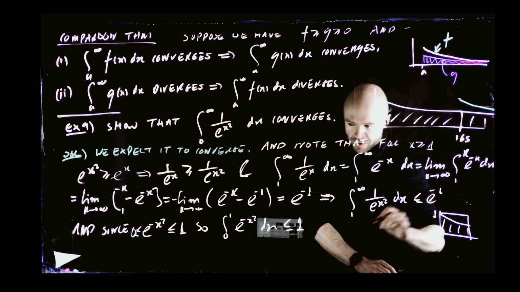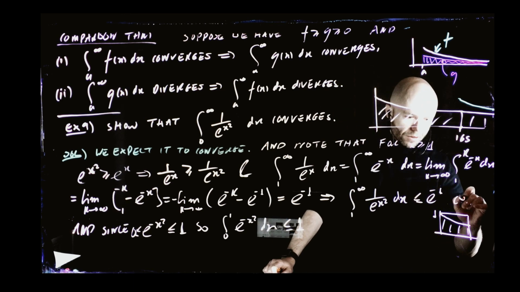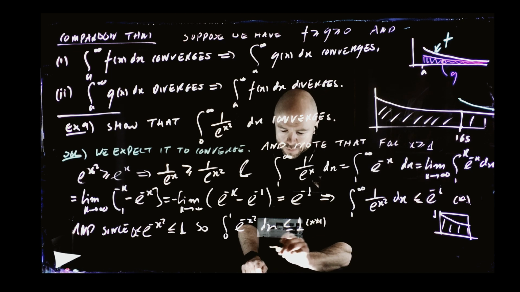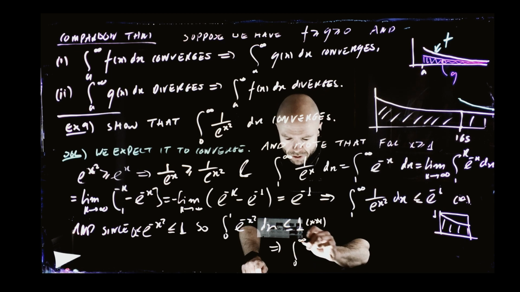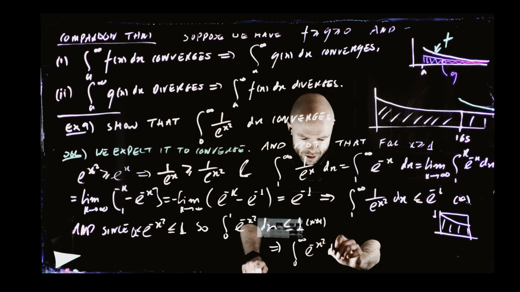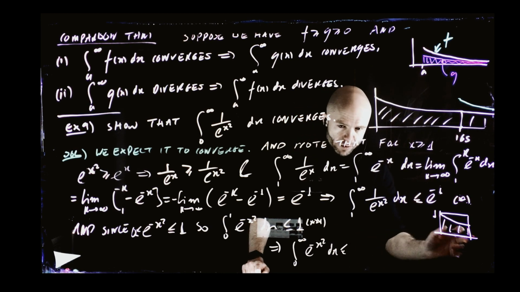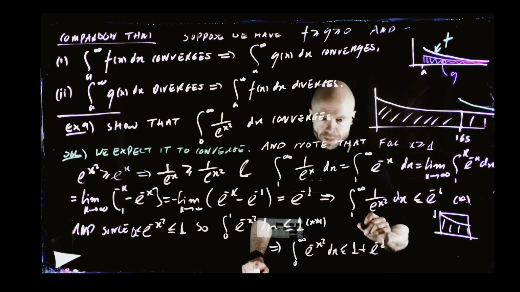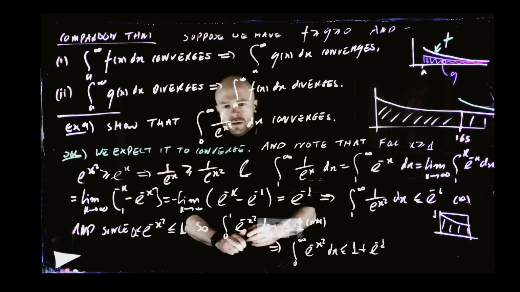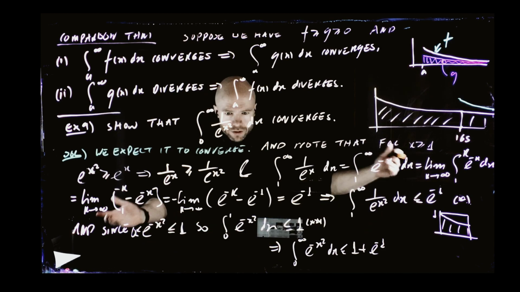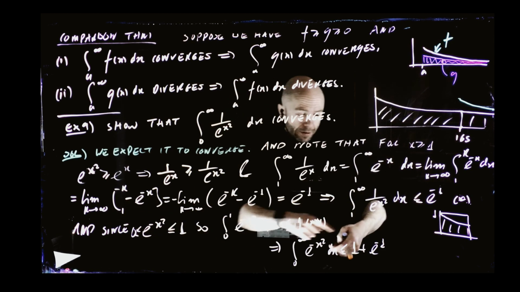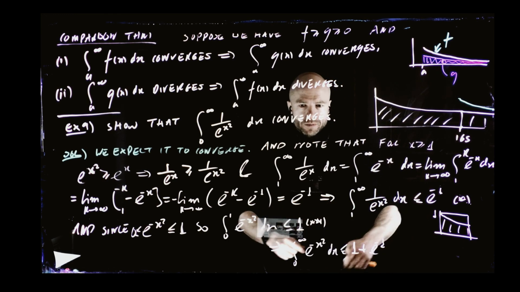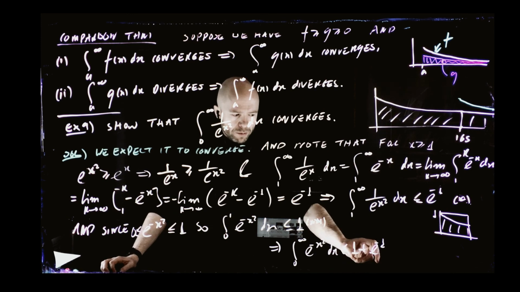So putting star and star together, we have that the integral from 0 to infinity of e to the minus x squared dx is less than the part from 0 to 1 plus the part from 1 to infinity, so it's less than 1 plus e to the minus 1. So for sure, this thing converges, it's got finite area. In fact, we have even more information. We know an upper bound on how big this area has to be. It can't possibly be bigger than this quantity.